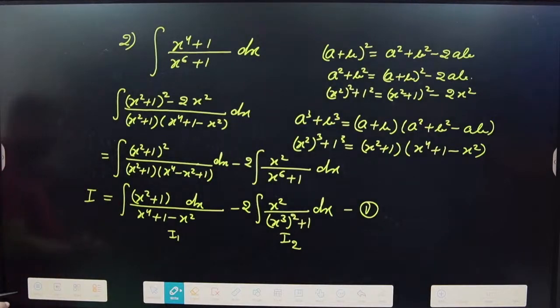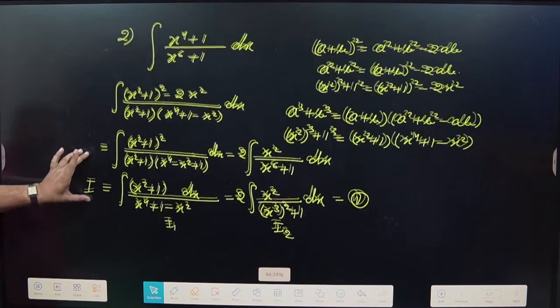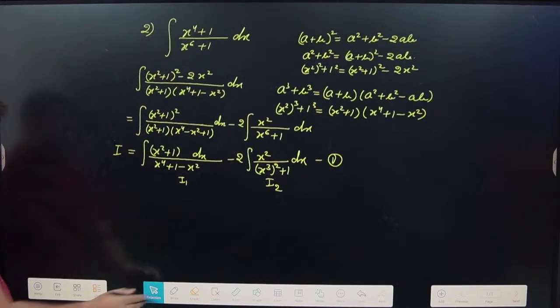So now look here very carefully. How can we solve this type of problem? Simply, one by one.